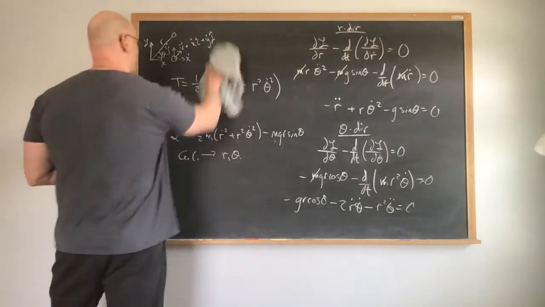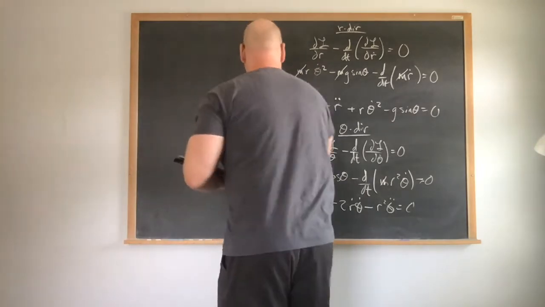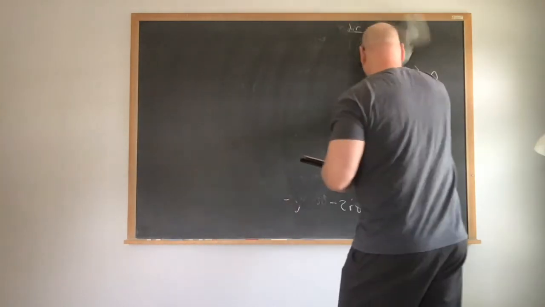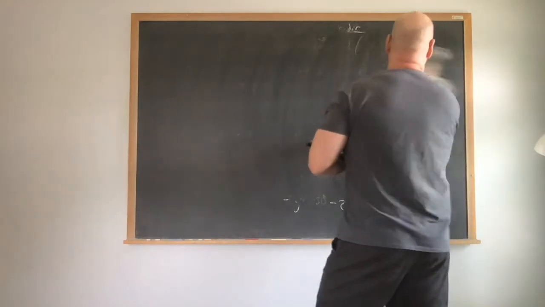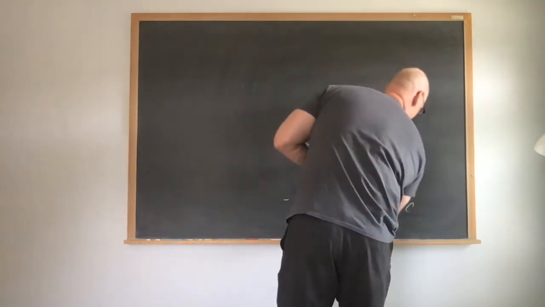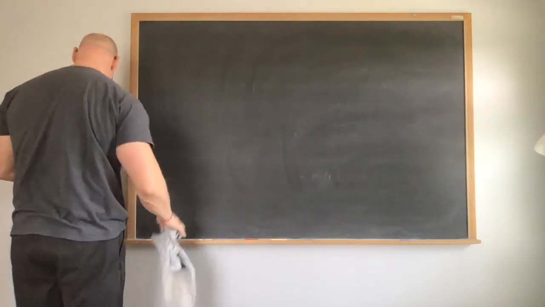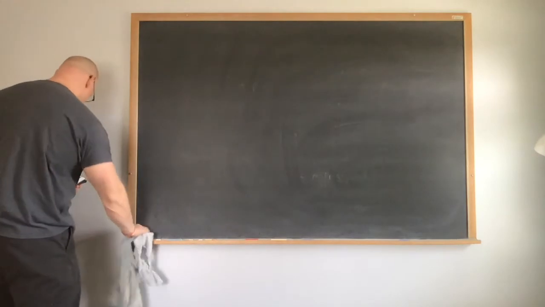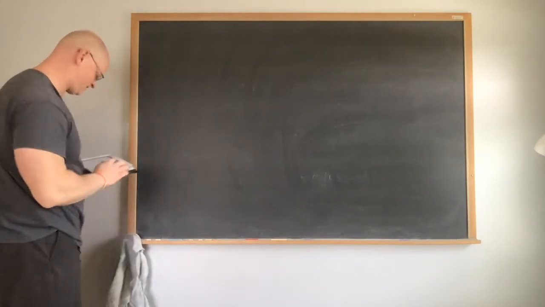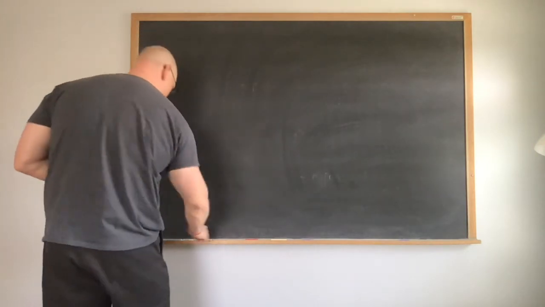So let's do another example. The next example says that we have a particle of mass m constrained to move inside of the surface of a smooth cone of half angle alpha.